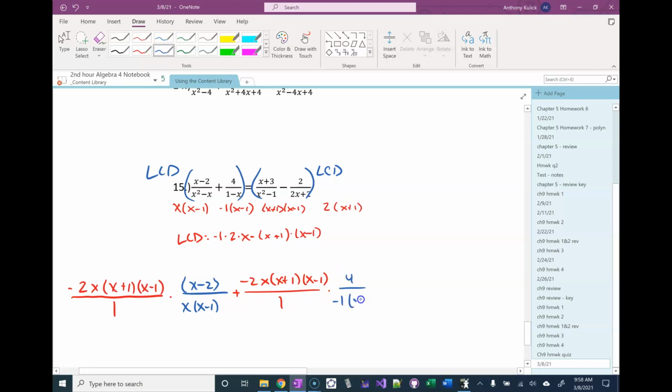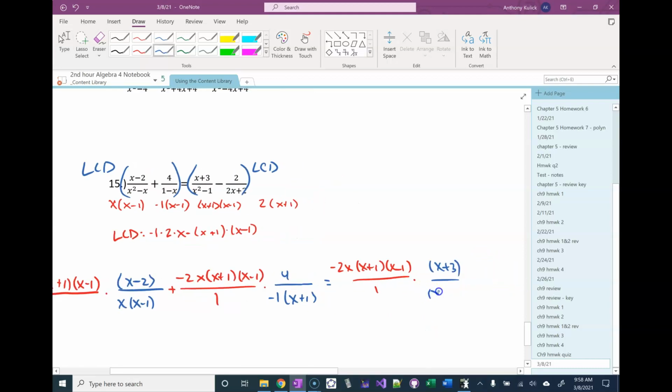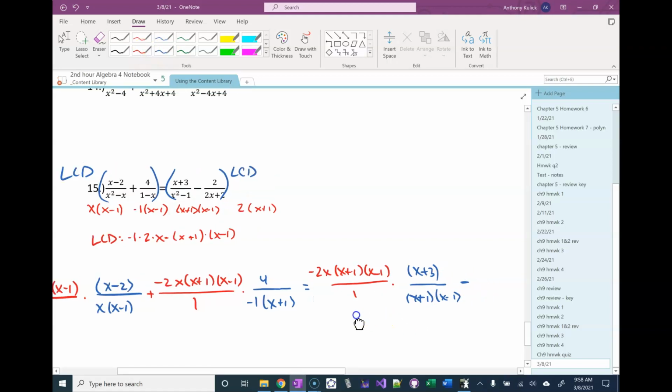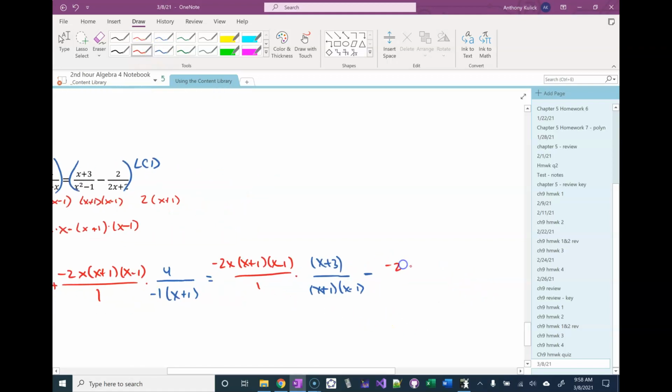And then my least common denominator times my fourth fraction. Okay.